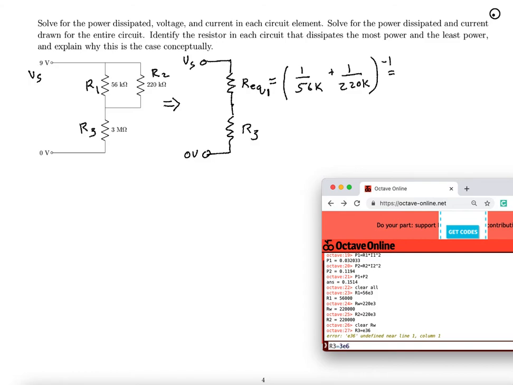Okay. So R equivalent 1 is 1 over R1 plus 1 over R2, to the minus 1.